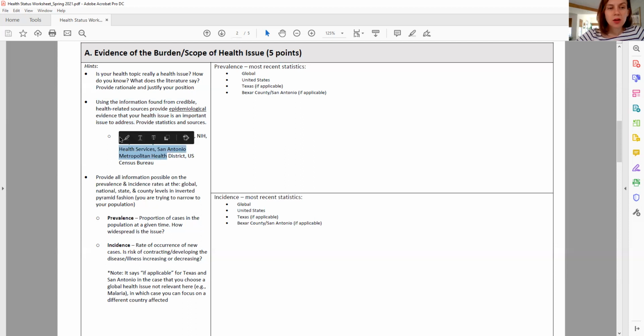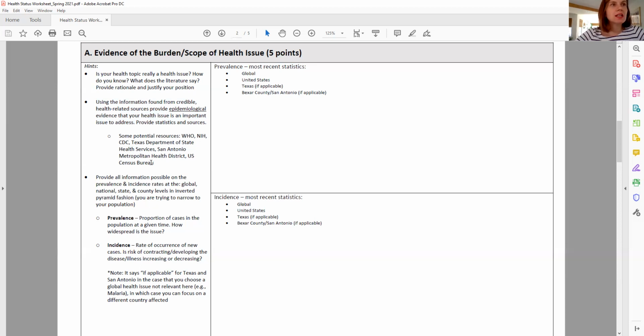US Census Bureau is another example. All of these do surveillance nationally or locally. And it's the most reliable data you can find in terms of surveillance of health issues.